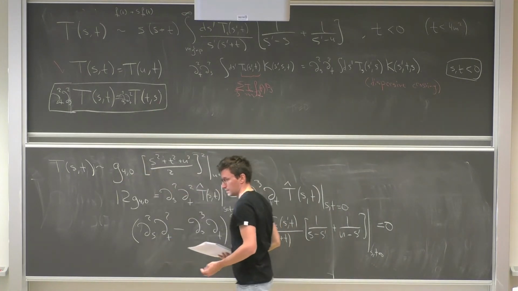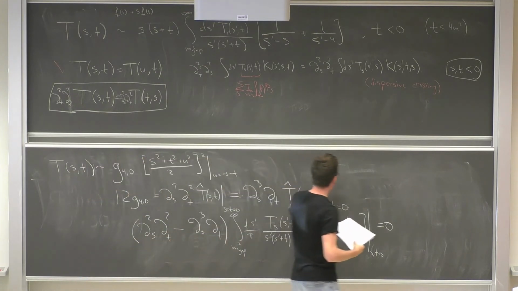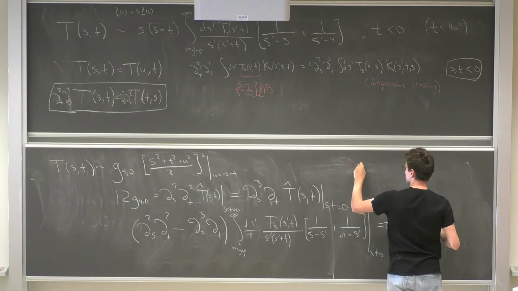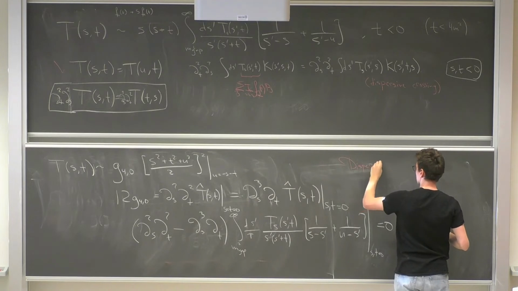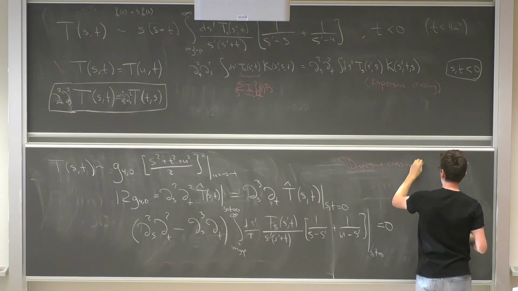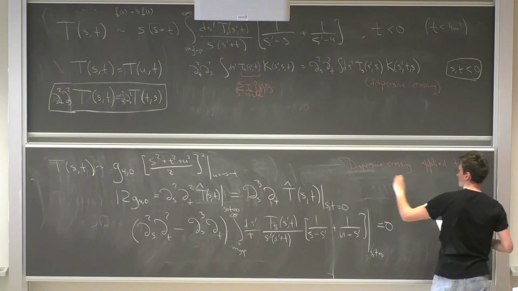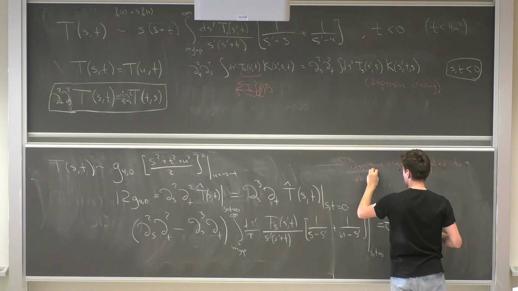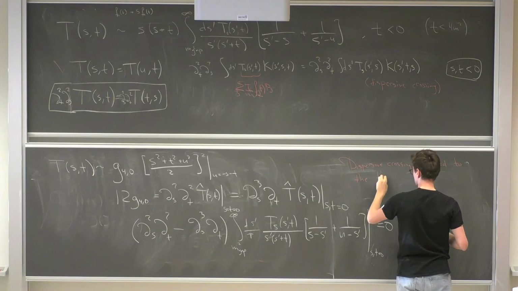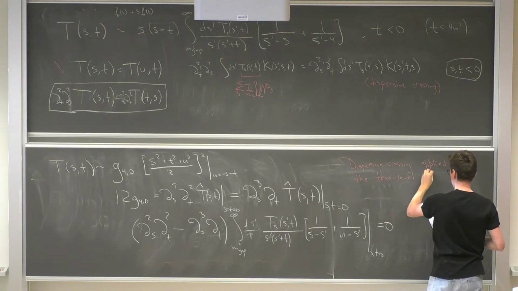And so dispersive crossing applied to the tree-level EFTs. So this was important.